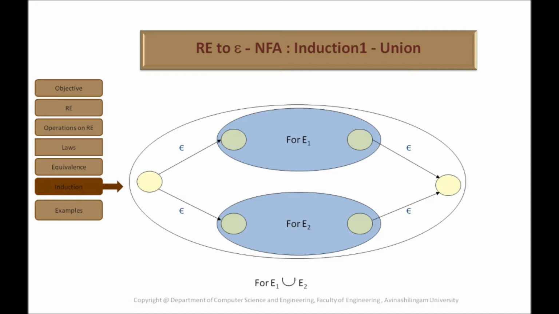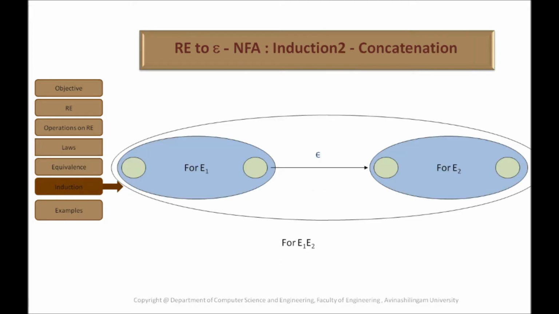Next one is induction 2, which is the concatenation operation. In the concatenation operation also we have E1 and E2 as finite automata, both of which consist of some set of states, alphabets, transitions, initial state and final state.